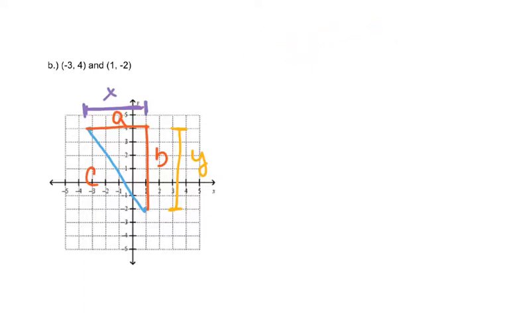So if we said a squared plus b squared equals c squared, and I said, okay, so a squared is the change of x.